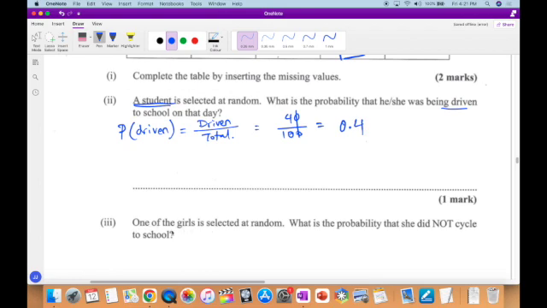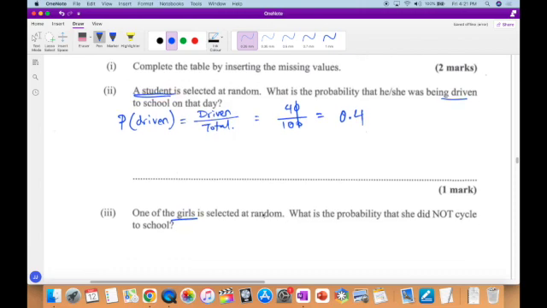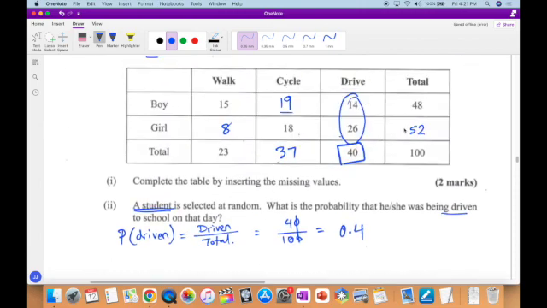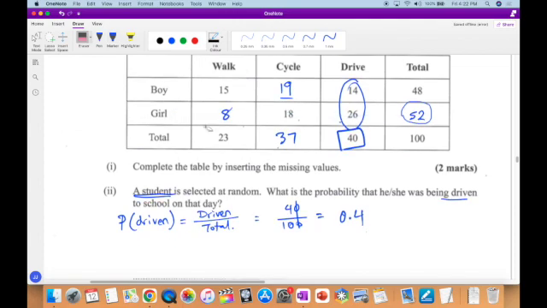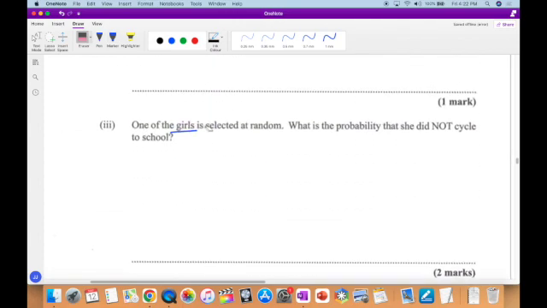One of the girls, so now we're talking about girls, is selected at random, right? So out of all of the girls, we have 52 girls here. Yeah, 52 girls, right? So walking, cycling, and whatnot. So what is the probability she did not cycle to school?